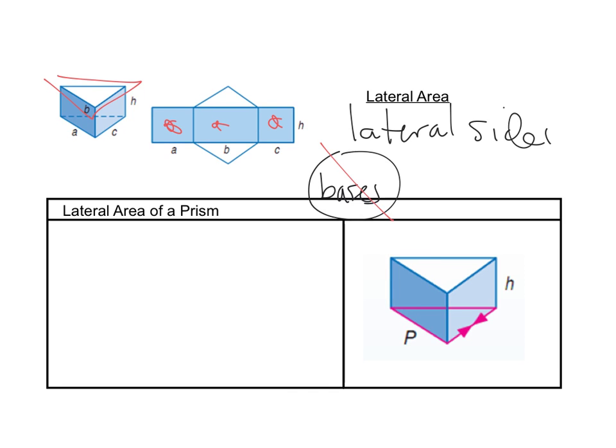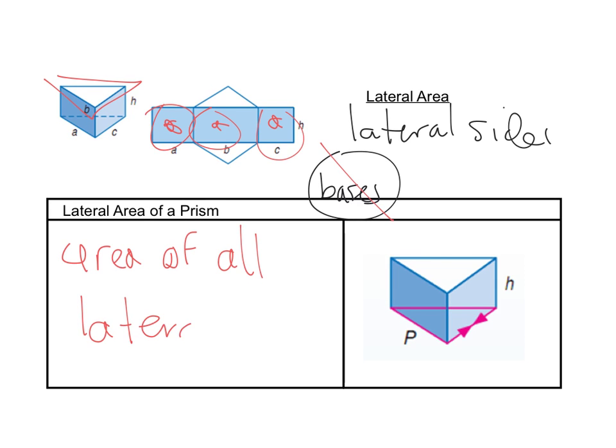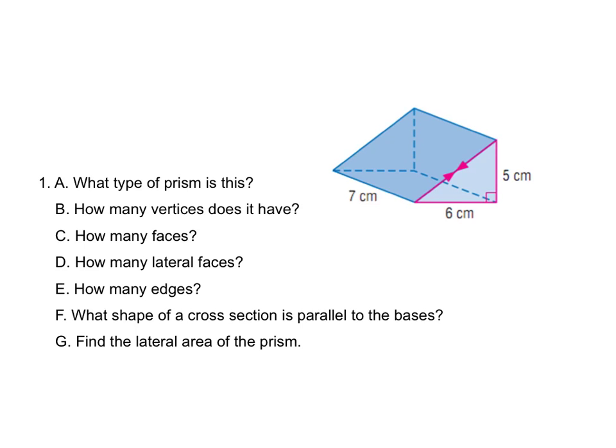You've got a triangular prism, so that's going to be the area of this, this, and this. That would be lateral area of a prism. It's the area of all lateral sides, so basically everything except the base.